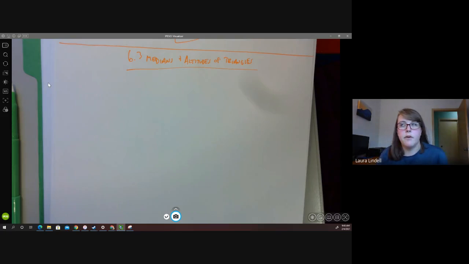So a median, you might have heard of a median of like a set of numbers, right? Like it's the middle number. So a median, we talked about triangles. It's pretty similar. It has to do with the middle.